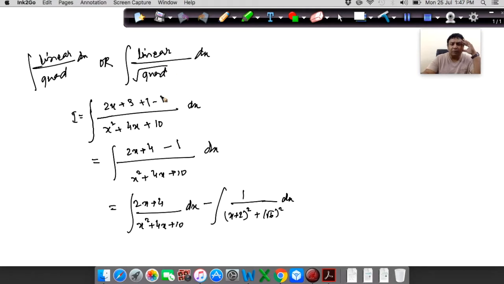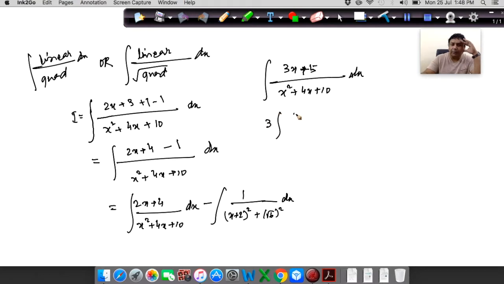It applies to all the sums, but I was saying that if it is not 2x, if it is not that easy, let's take something else like 3x plus 5 upon x square plus 4x plus 10. Now it is not 2x plus 4 directly. But what I'll do, I'll take the 3 common out.